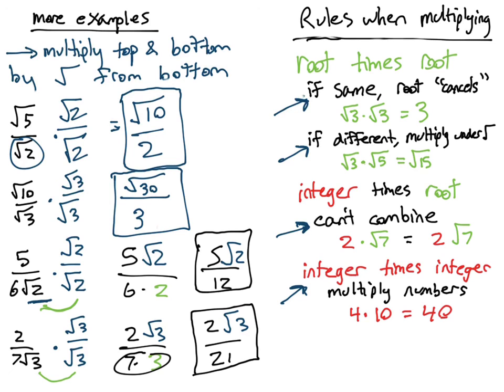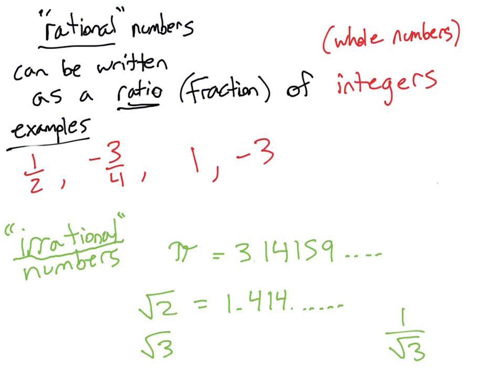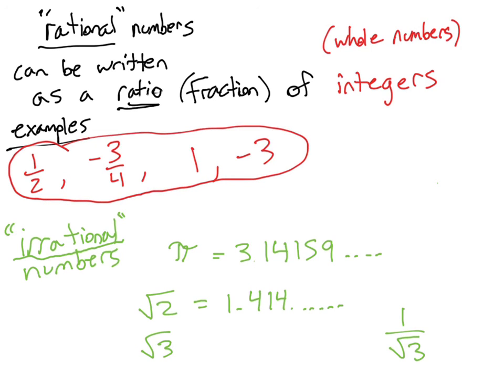So to recap, we've talked about a couple of types of numbers. Rational numbers, which are fractions that have whole numbers in them, and irrational numbers, which are things that cannot be written as fractions using whole numbers. And common types of irrational numbers are square roots that can't be simplified.